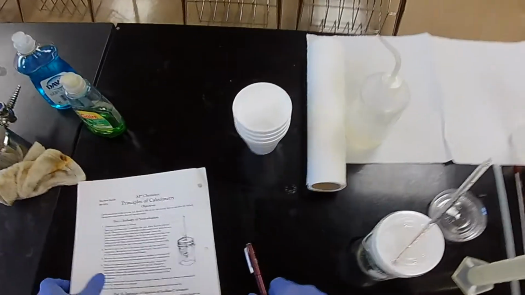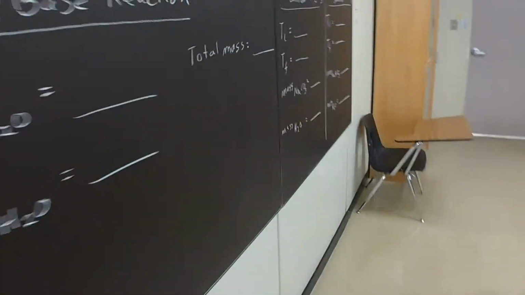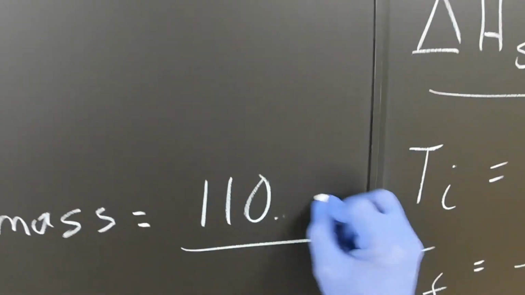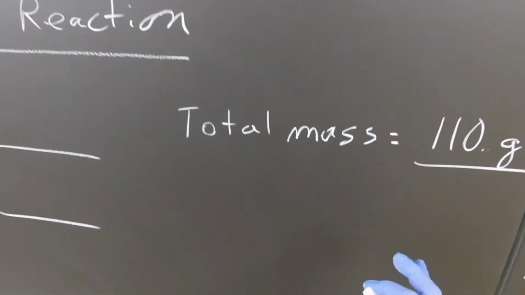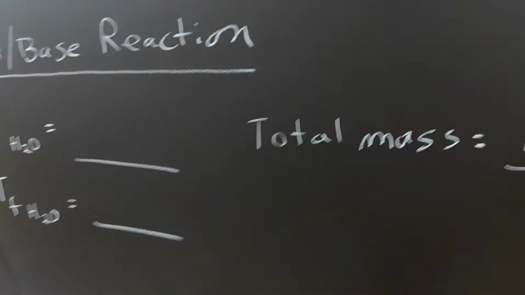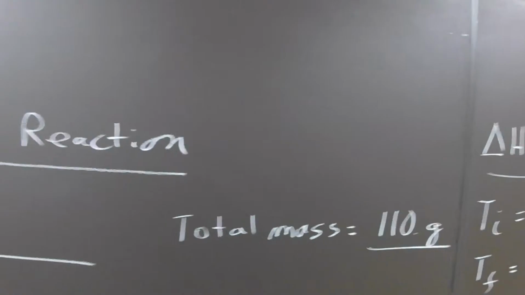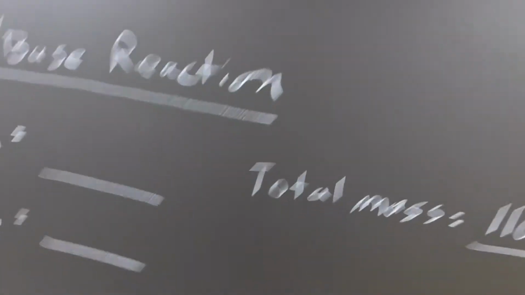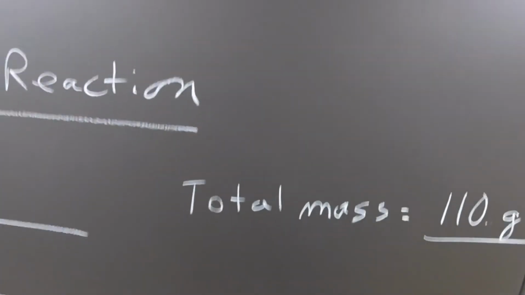Okay, so let's put this information on the board in our table, which we have prepared beforehand. The total mass, remember we said it was 110 grams, 50 grams of potassium hydroxide, and 60 milliliters, or 60 grams, of sulfuric acid.